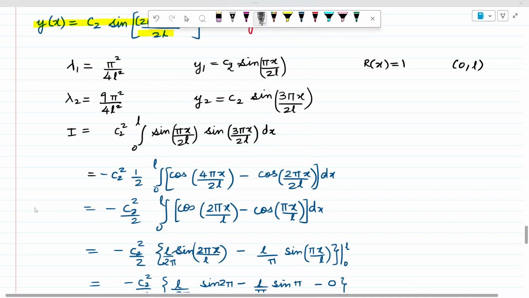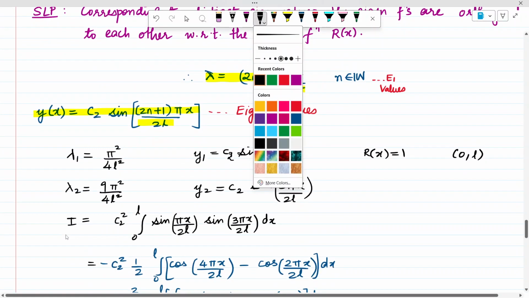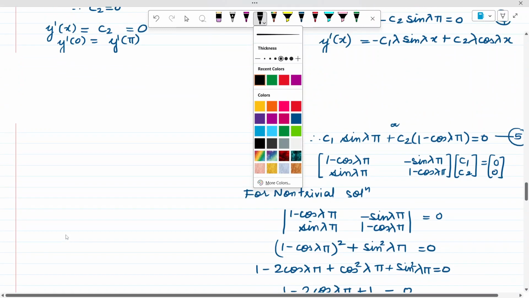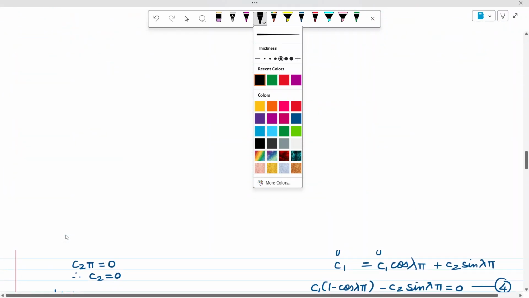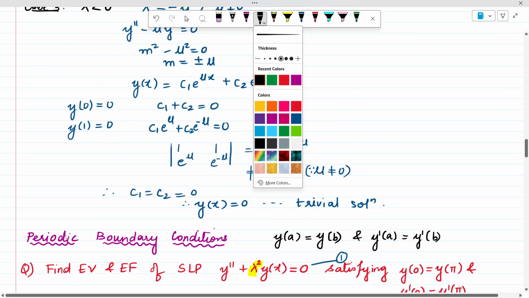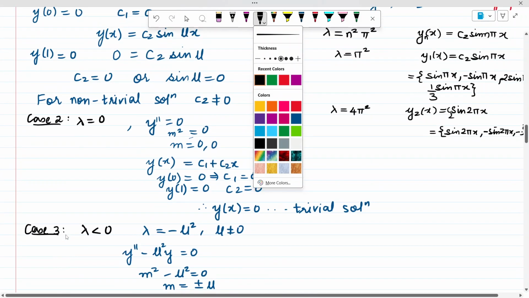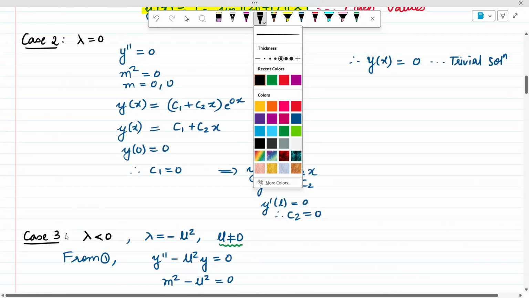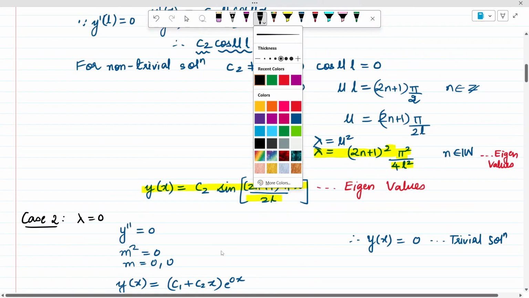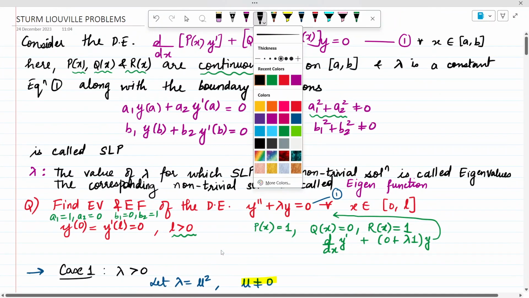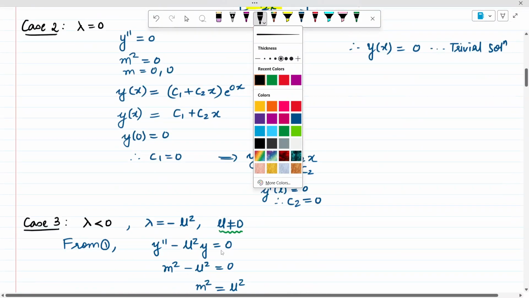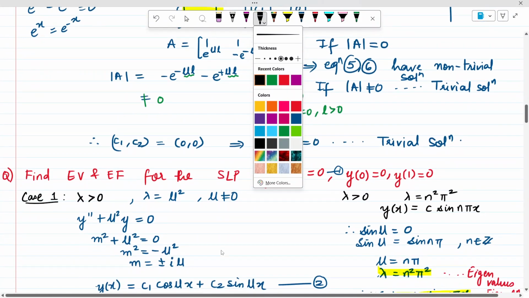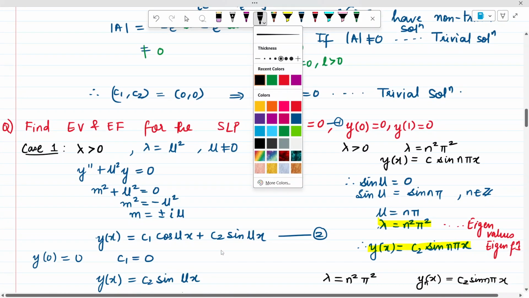So of course go to the question which we have solved here. Let's not look at this one because it's a big calculation. I think this was 0 to 1, no? Yeah.